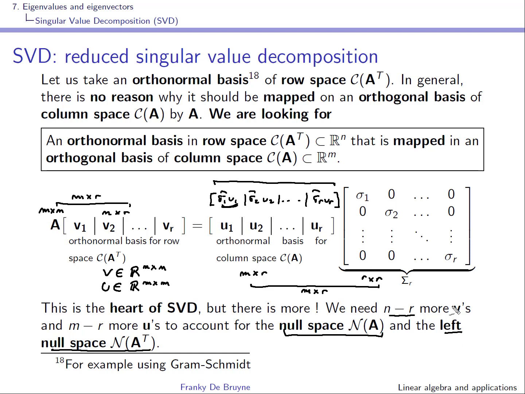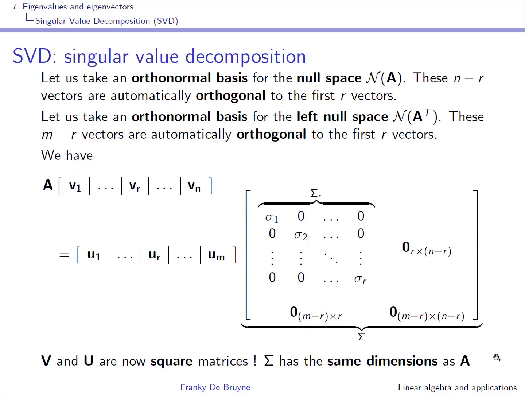Remember that the left null space is the orthogonal complement of the column space. So a reduced singular value decomposition is at the heart of the SVD, but we need to extend it to obtain this full SVD.